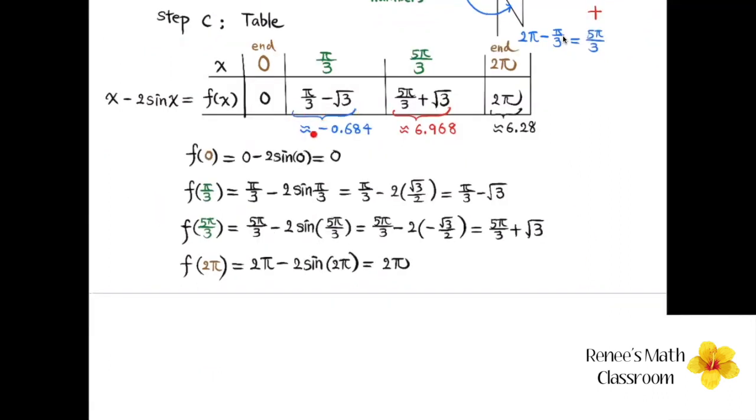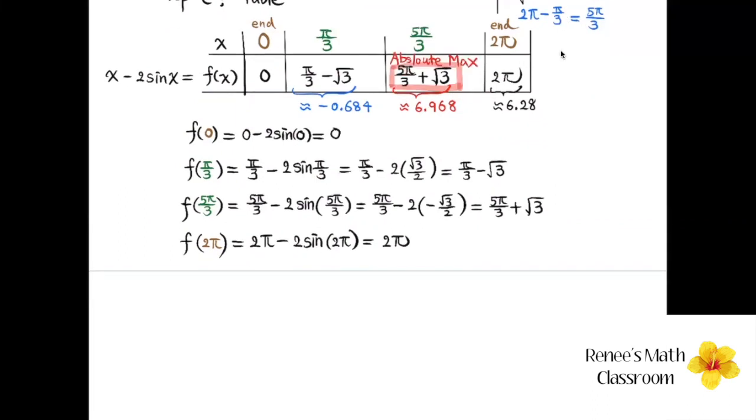This is approximately equal to negative 0.684. This is about 6.968. This is about 6.28. So looking at all of this, the absolute maximum will be this number, 5 pi over 3 plus square root of 3.